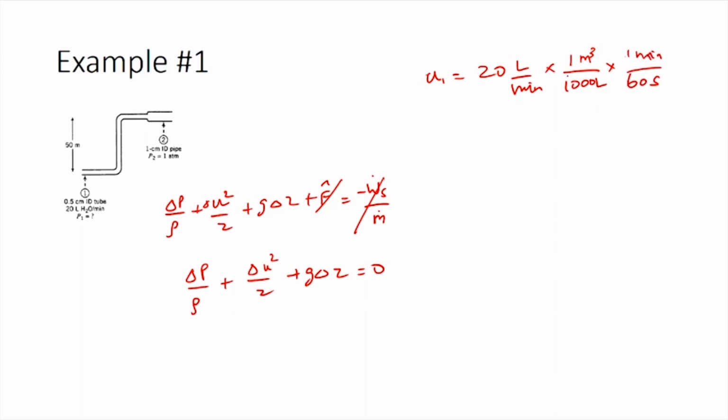So, this is now converted to meter cube per second. We want to divide this by the cross sectional area, which would be pi r squared. Pi is 3.14, r here is 0.25 squared. This 0.25 is the radius of the pipe at point 1.